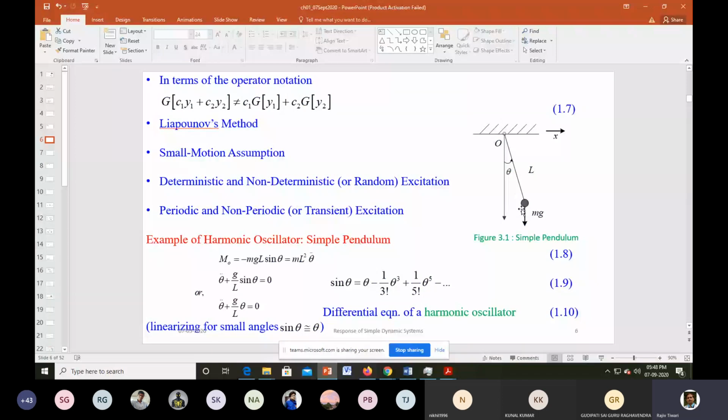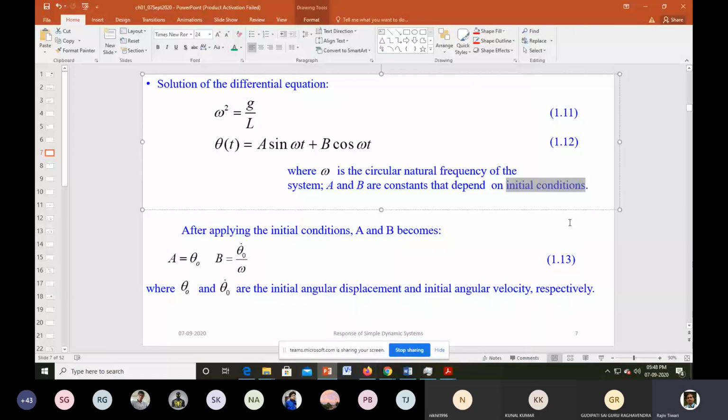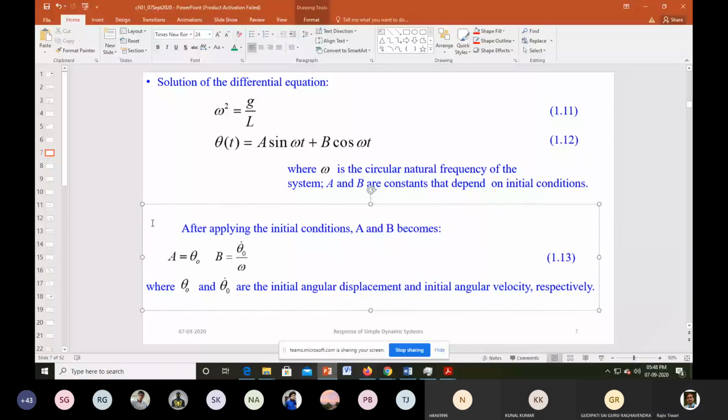A and B, as I mentioned, can be obtained from initial conditions, because we can differentiate this once and then apply it: at t equal to 0 we have theta naught displacement, and at t equal to 0 the velocity is theta naught dot. These are the two initial conditions of the angular displacement. Then A and B can be obtained.